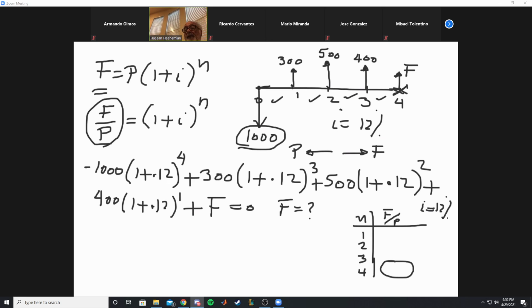So you have a page such as this, and you can easily read the F over P. Instead of calculating 1 plus 0.12 to the power of 4, you can read that number here and just use 1,000 times that. That's in the back of the engineering economics book or any other interest tables.